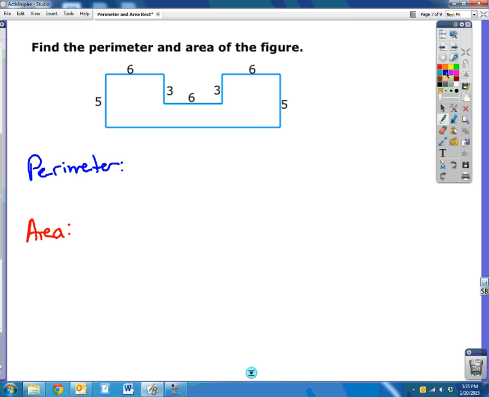Now, at this point, I'm going to put the answers on the board. It is your responsibility as a learner, as somebody who is learning, that if you don't get the right answer, you look to see how to do it. Because I'm going to teach you how to do it if you actually click on the link. But if you don't take the effort to learn the material, I can't teach you if you won't accept the responsibility of learning.